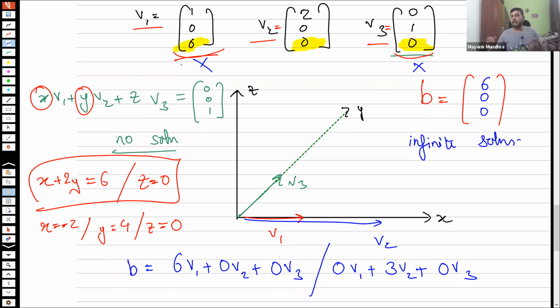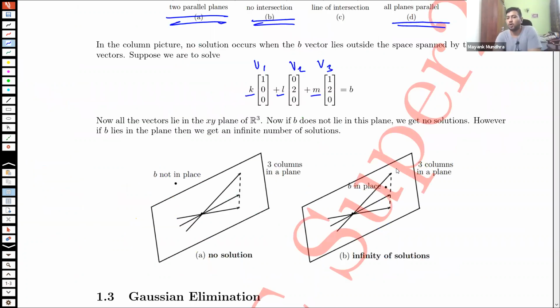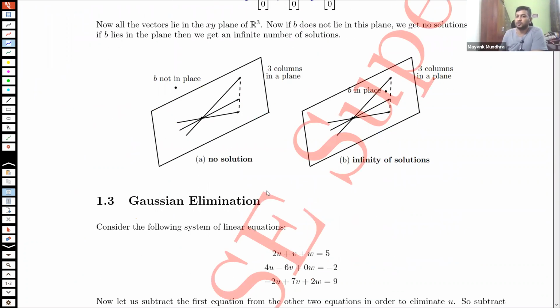So really what I'm trying to say is that there are three distinguishable cases. One obvious case is when you have a unique solution, but these are the two other types of cases when you have no solution or when you have infinite solutions. The no solution and the infinity of solutions together are called the singular cases.